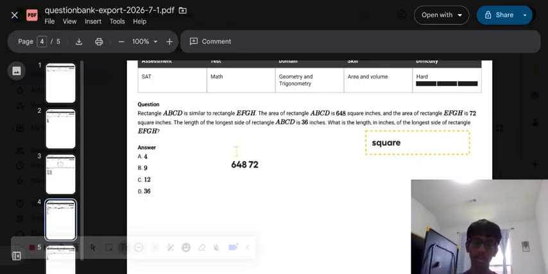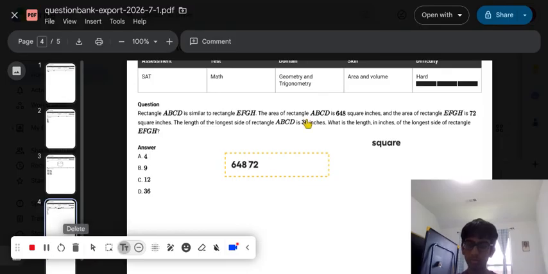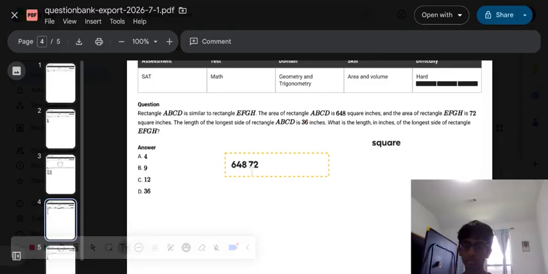So 648 divided by 72 is equal to 9. Oh, I forgot the division. Yeah, this is equal to 9. So 9 is 3 squared, right?